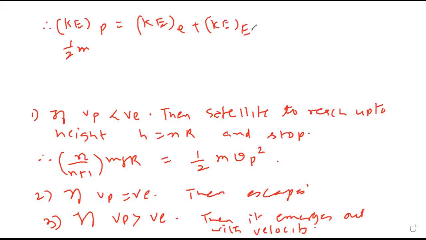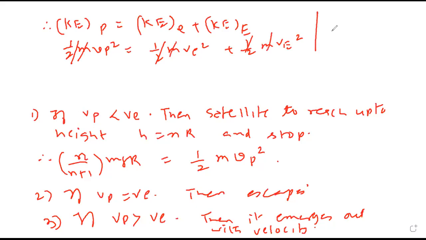So half m velocity of projection square is half m velocity of escape square plus half m velocity of emergence square. Throughout half m you can cancel. So velocity of emergence is root of projection square minus escape square. Copy.